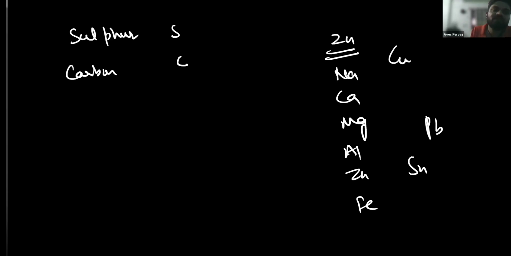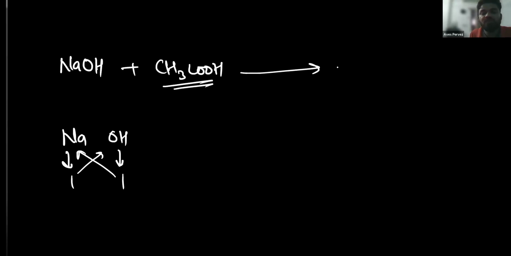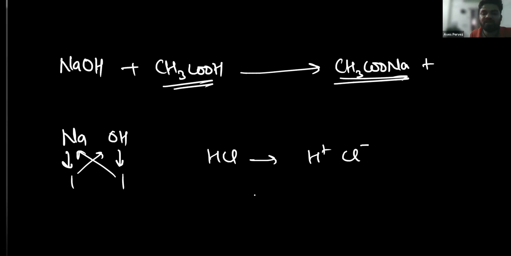So it was written that sodium hydroxide reacts with acetic acid. The formula for sodium hydroxide is NaOH. Sodium valency is 1 and hydroxide is also 1, so that gives you NaOH. When it reacts with CH3COOH, which is acetic acid, it gives you CH3COONa plus water. You have to memorize this: when HCl dissociates, it gives H positive and Cl minus ion.